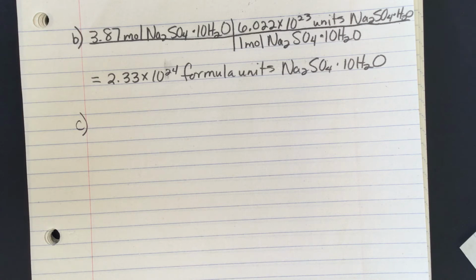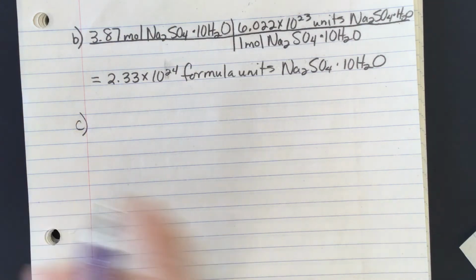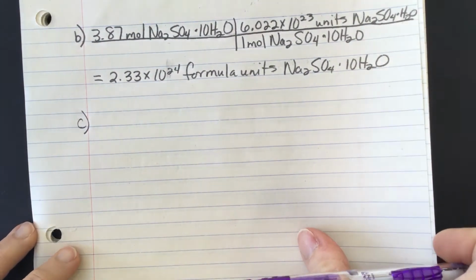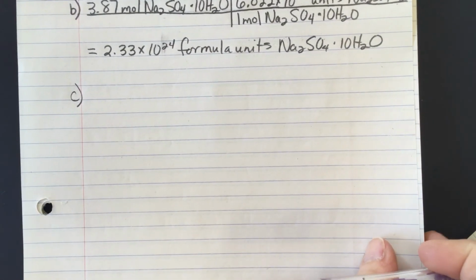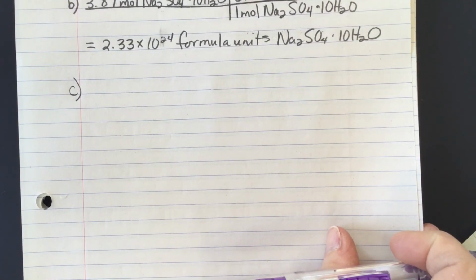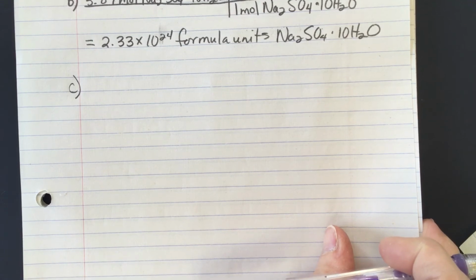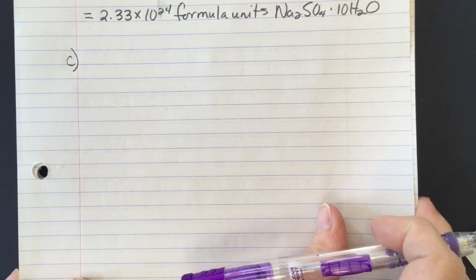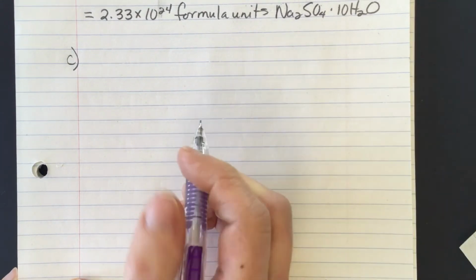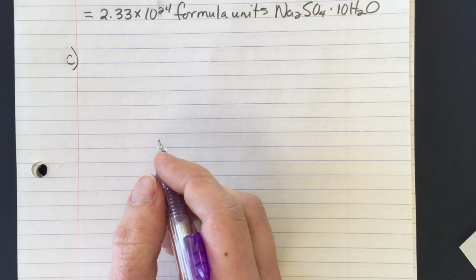So they want to know how many molecules are in 1 liter of a bottle of hydrogen peroxide. If you didn't get this on your homework, this was the toughest problem you're going to see. So don't worry about it too much, but I'm going to walk you through this anyway.